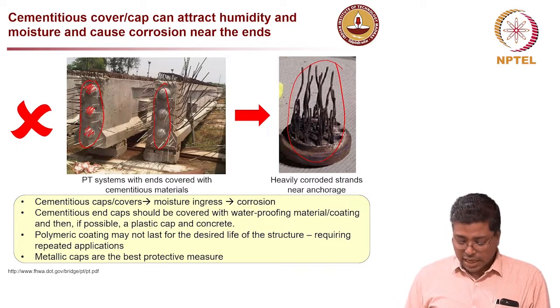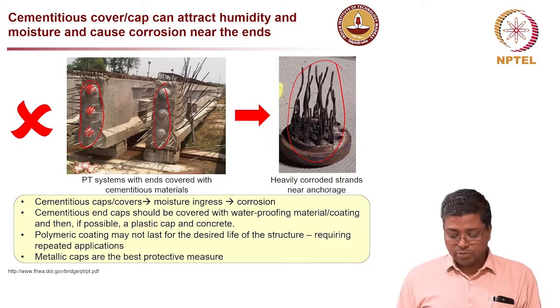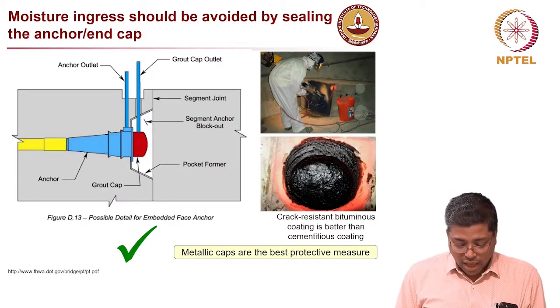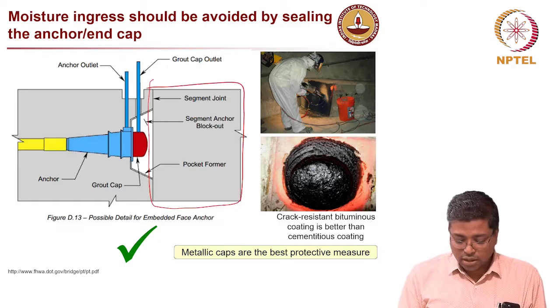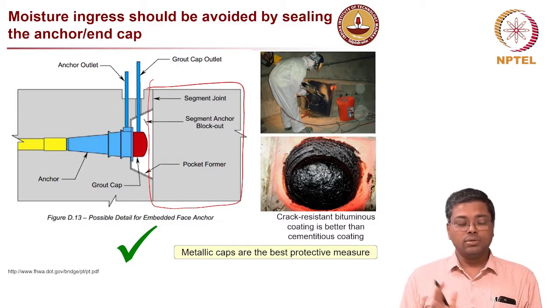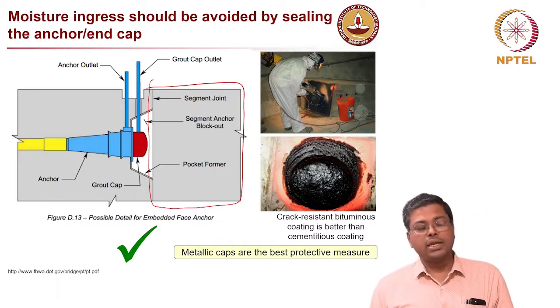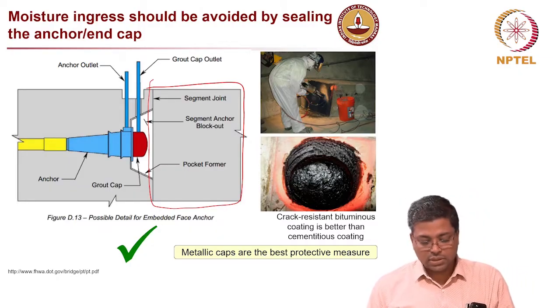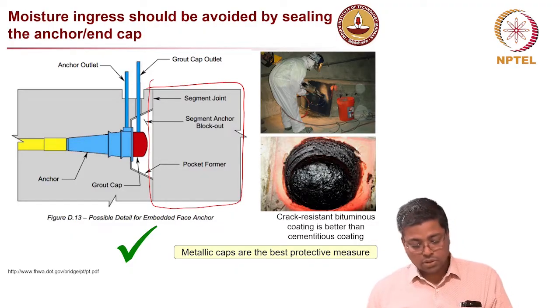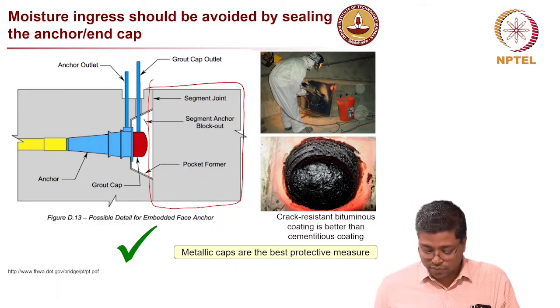So I would say metallic caps are the best preventive measure for these kinds of systems. And on top of the metallic cap, you should also have another good concrete element which will protect it. You need to really take care of the anchorage zones, otherwise these structures will have a severe corrosion problem in a very short period of time.